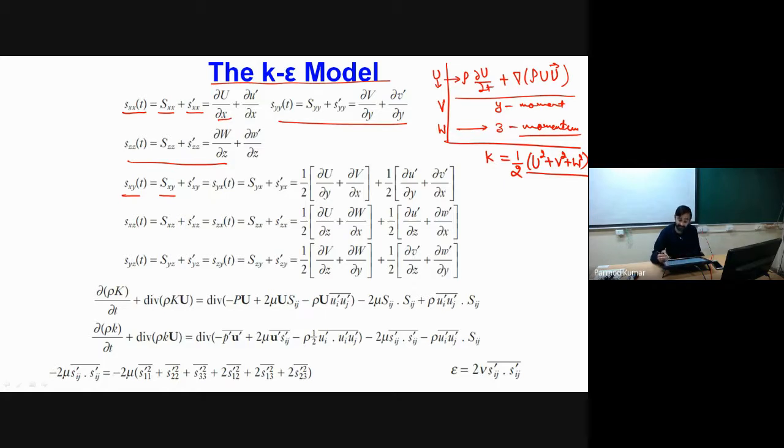After some algebraic manipulations, we find one equation in the form of del rho K by del t plus divergence of rho K U equal to divergence of minus p U plus 2 mu U Sij minus rho ui dash uj dash bar U, minus 2 mu Sij dot Sij, plus rho ui dash uj dash bar dot Sij.